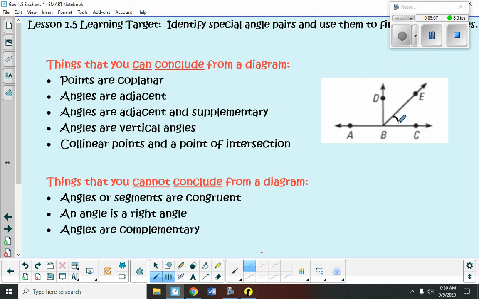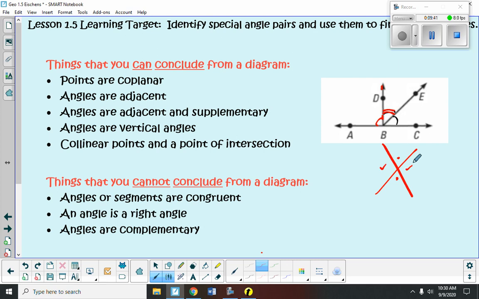So like angle EBC is adjacent to angle EBD. And angle EBD, this one right here, is adjacent to angle DBA because they share a side. You can assume if angles look adjacent and look supplementary that they are, and you can assume that if angles look like they're made by two lines crossing, they're vertical angles. So these two are vertical angles, and these are vertical angles.